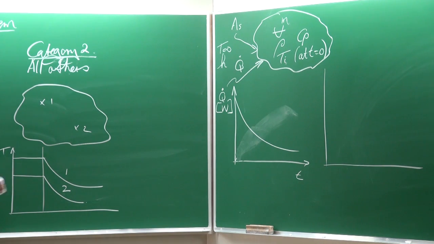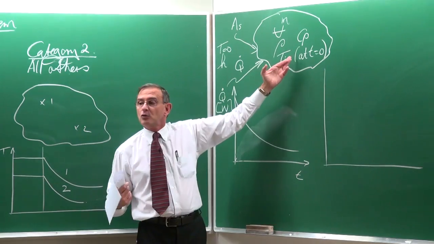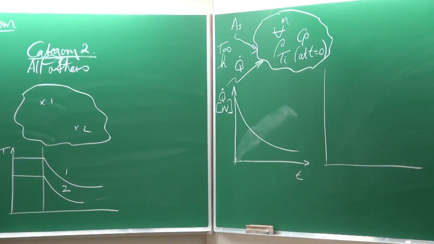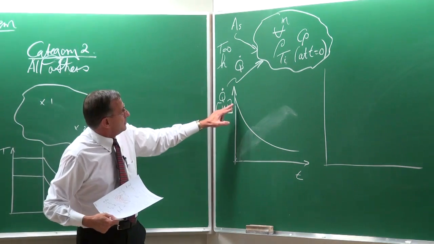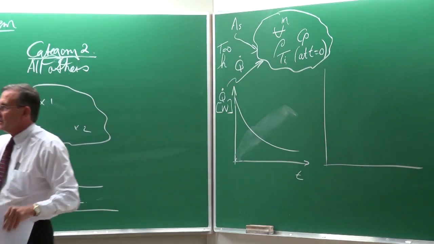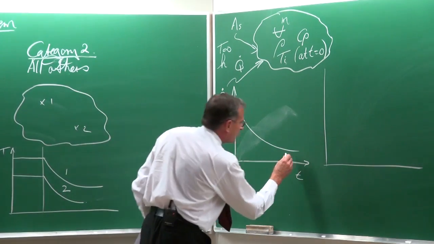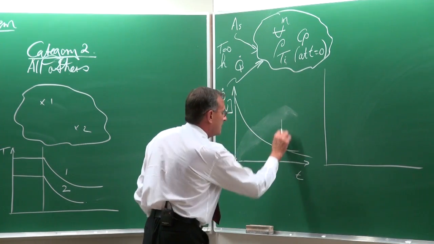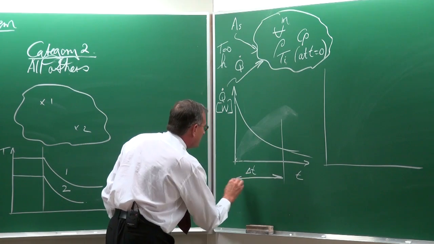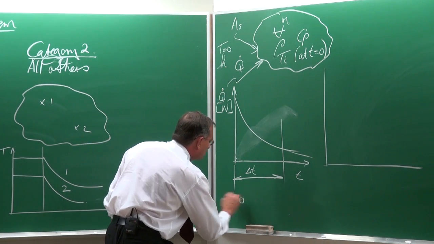But as the heat goes in, this temperature will rise to 99, etc. So the delta T becomes smaller and smaller. Therefore the heat transfer rate would be very large in the beginning, and it would then go lower and lower until, as a matter of fact, it goes to 0. Let's suppose this is delta t, starting at t equals 0.